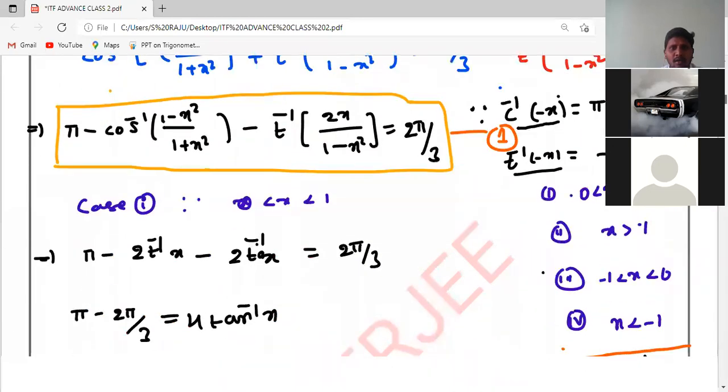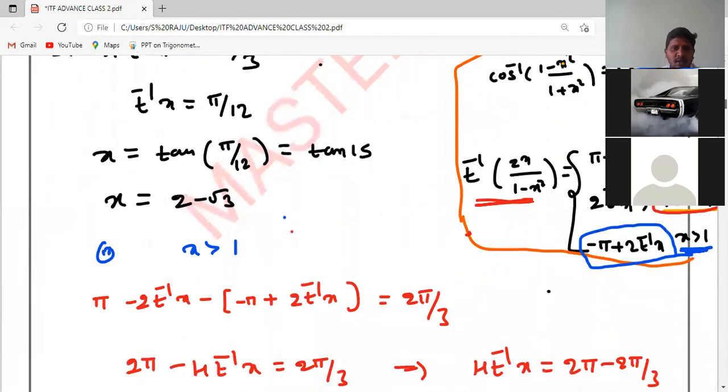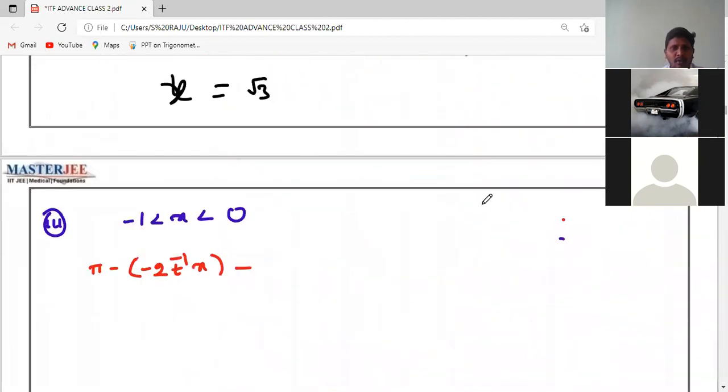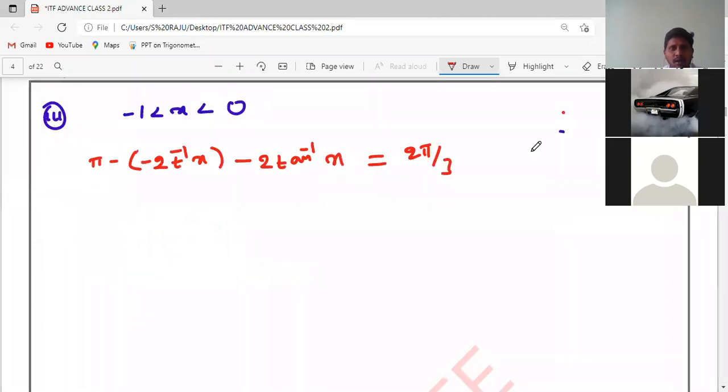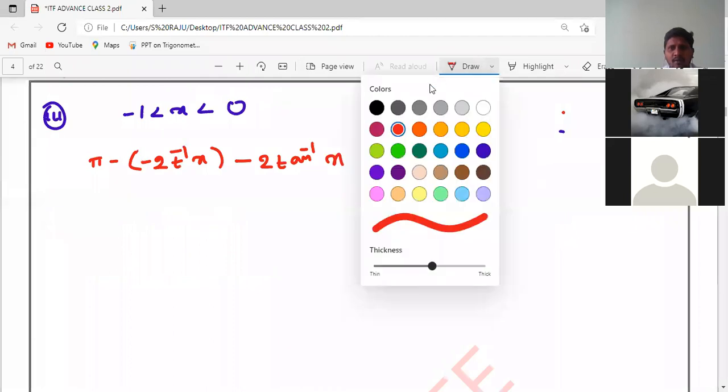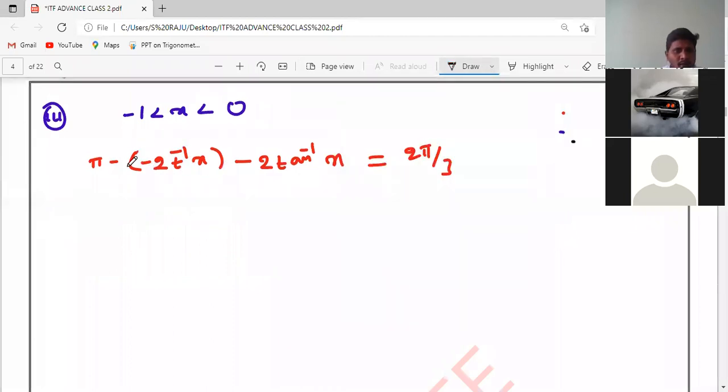So here we are going to get 2 tan inverse x, that is equal to 2 pi by 3, the right side is fixed. Then simplify this. Minus into minus plus 2 tan inverse x, minus 2 tan inverse x get cancelled. Pi is equal to 2 pi by 3.